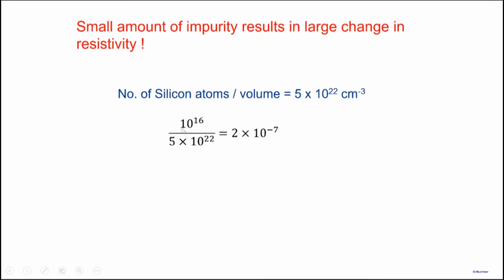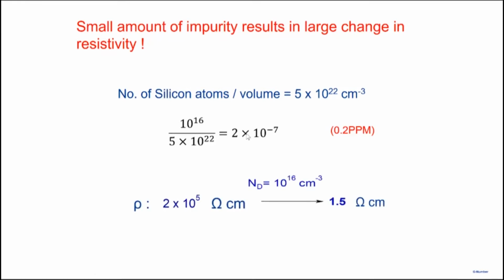And we just considered a case where we added 10 to the power 16 donor atoms. So the ratio of donor atoms to the total number of atoms is 2 times 10 power minus 7. So this is 0.2 parts per million. That's the concentration of the impurity that we've added to the lattice here. So very, very small amounts of donor atoms we've added.